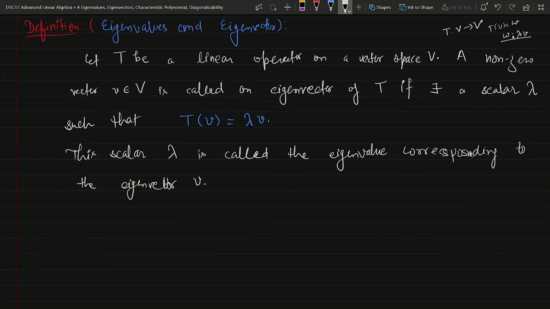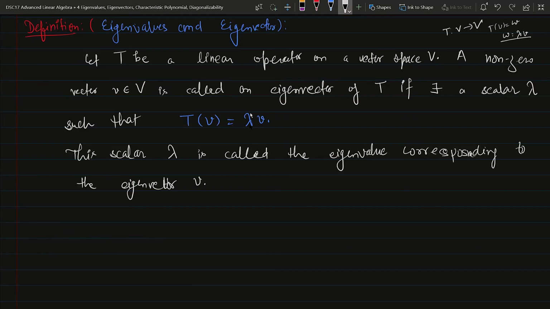That means v and w are linearly dependent elements, so if we draw them in the plane they will always lie on one line. So when we want to identify an eigenvector, we call a non-zero vector v an eigenvector of T if the image of v and lambda v are collinear for some lambda.